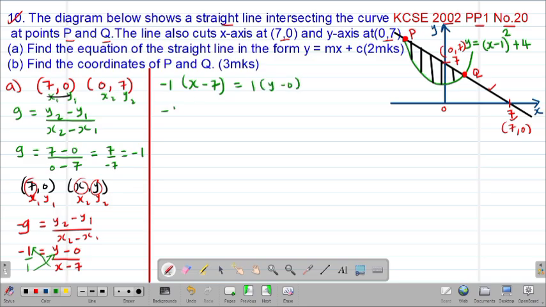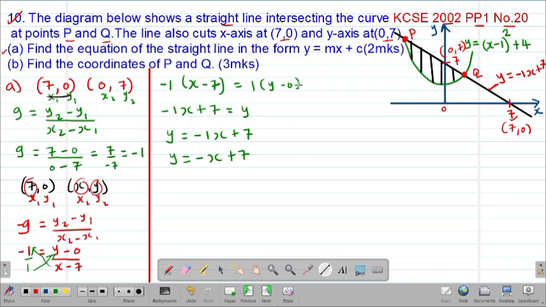So this will be negative 1x plus 7, equal to y. So my equation will be y = negative 1x plus 7, which can also be rewritten as y = negative x plus 7. Therefore, this is the equation of my straight line. So you've answered part A of the question.